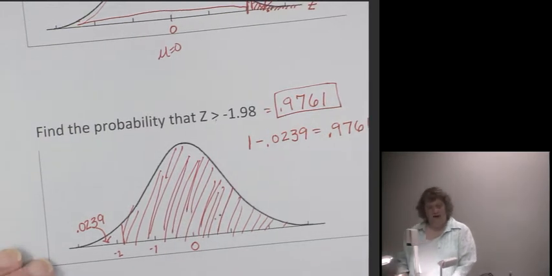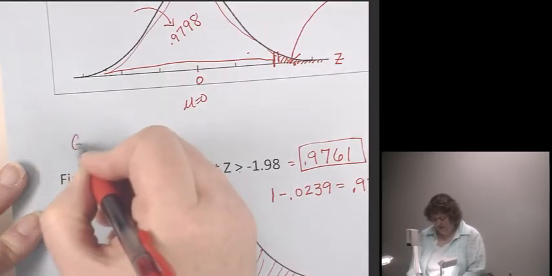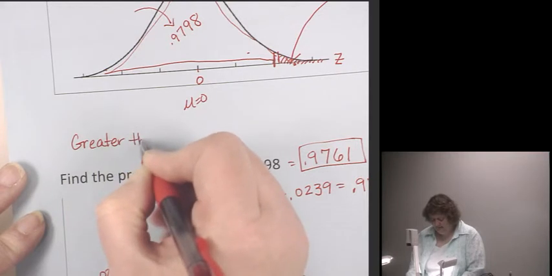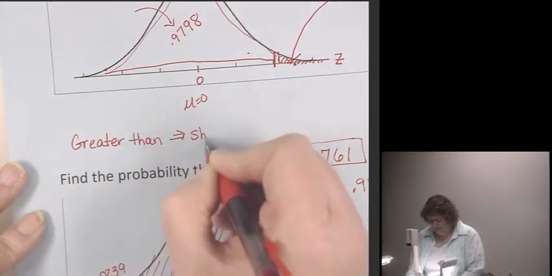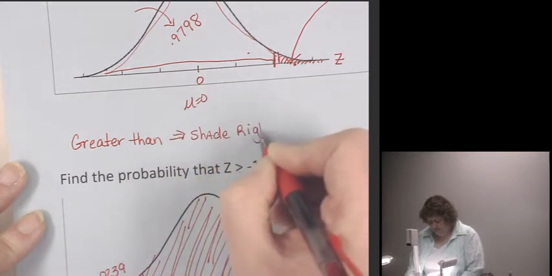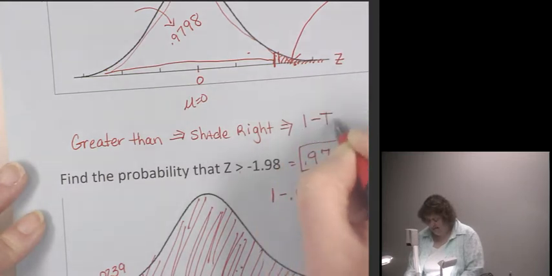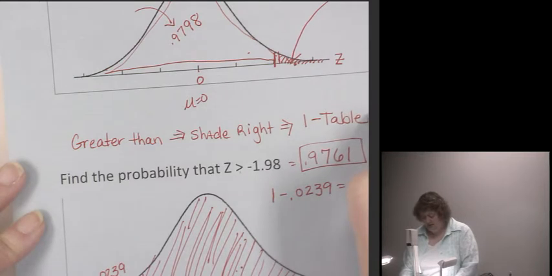And so for the greater than, we're going to shade to the right, and we're going to go 1 minus the table to get the answer.